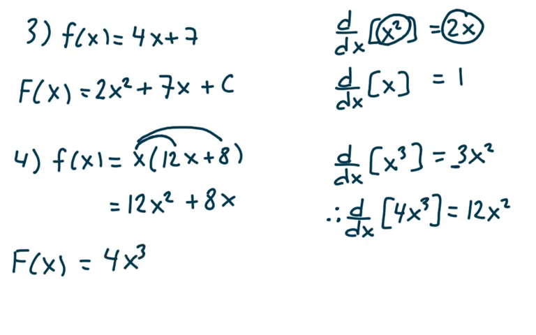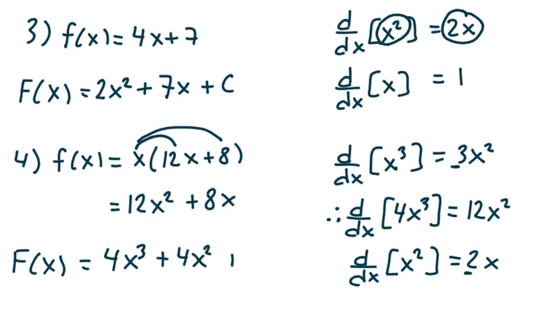That's the function whose derivative is 12x squared. And don't forget, the derivative of x squared with respect to x is equal to 2x. And isn't 2 times 4 equal to 8, right? So the derivative of 4x squared with respect to x is equal to 8x. So I'm going to add 4x squared and then just add that constant of integration at the end. And that's example 4.